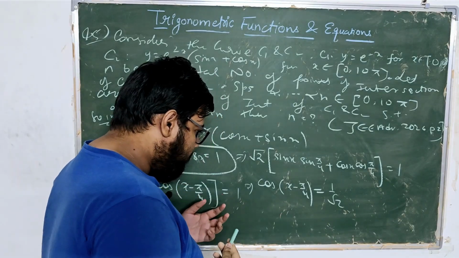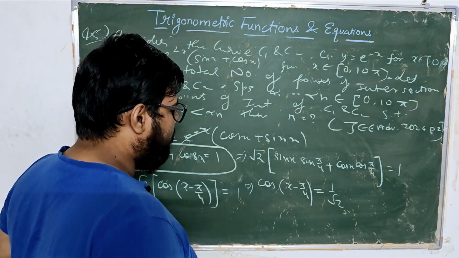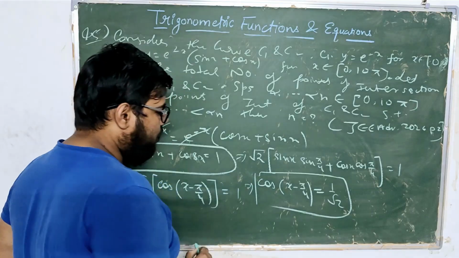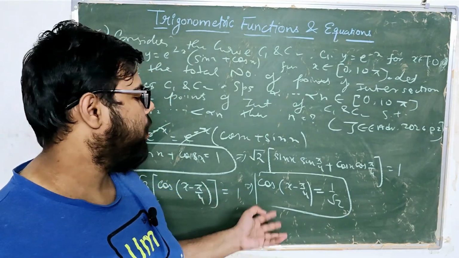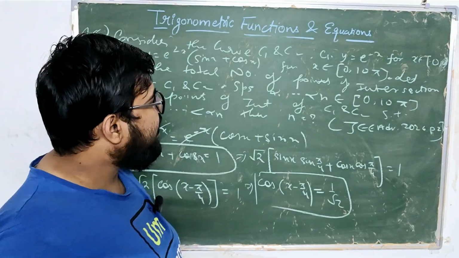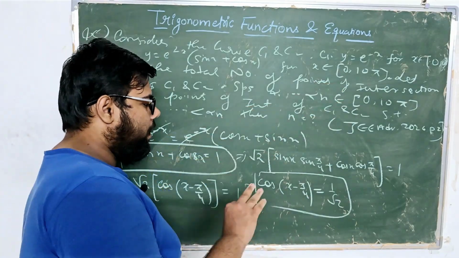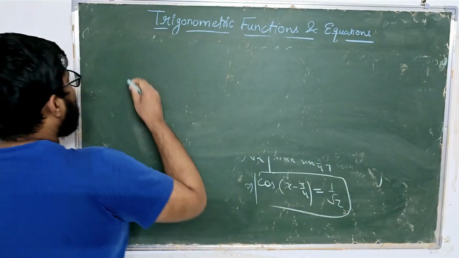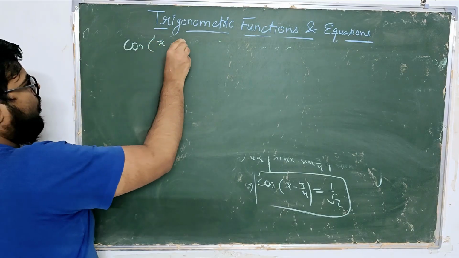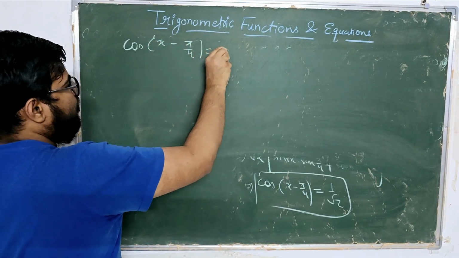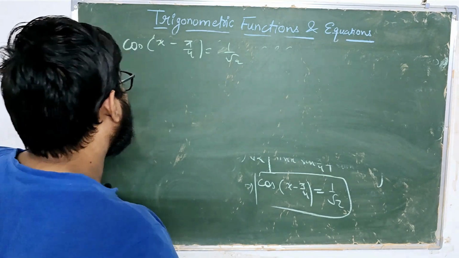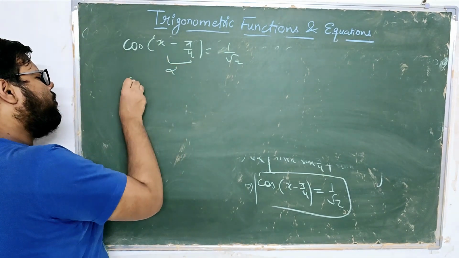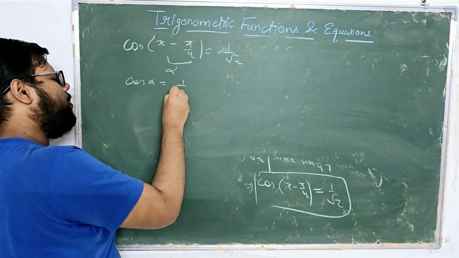So we have got this expression. Now let's simplify it further. Cos of x minus pi by 4, whatever be the input, is equal to 1 by root 2 in the domain 0 to 10 pi. Let's assume it as alpha. So cos of alpha is 1 by root 2.